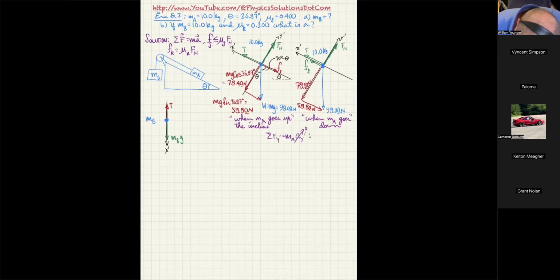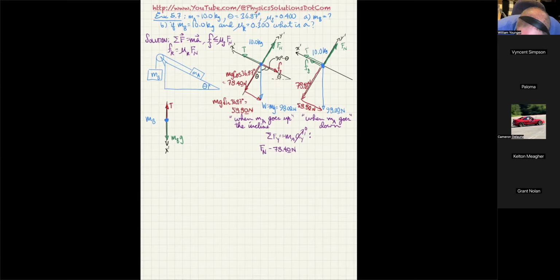Now with that, we can write the forces in the y prime direction. They are the normal force, which points upwards, so I'll write that as a positive, minus mg cosine 36.87, which is 78.40 newtons. And that really is the only force acting, because the rope or string is set up in this diagram to be exactly parallel to the incline, so it doesn't lift up nor push down on the box.